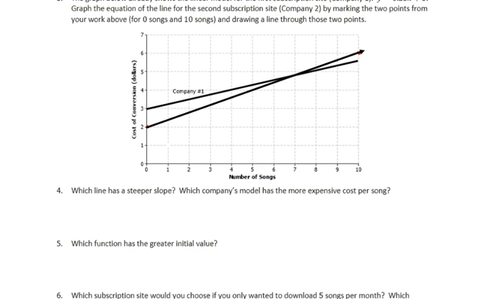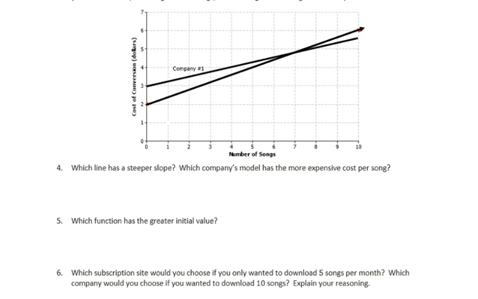Number 4 says, which line has a steeper slope? So this is company 2 down here. And you'll notice company 2 is a little steeper. So company 2. Which company's model has the more expensive cost per song?